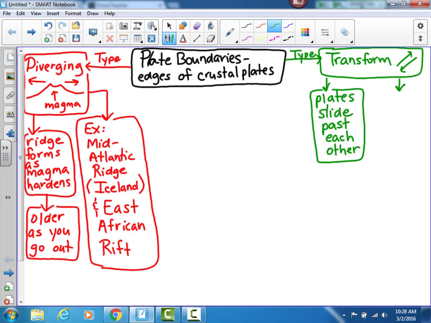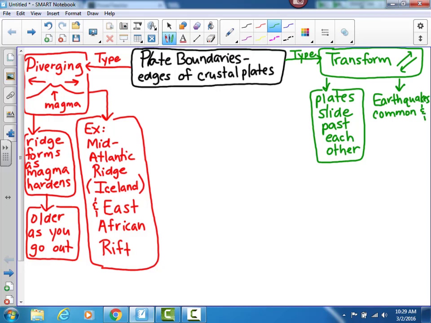In terms of what features do we get here, there's not so much land features or geographic features as there are events. Earthquakes. These boundaries are commonly associated with earthquakes. So we'll put that earthquakes are common.